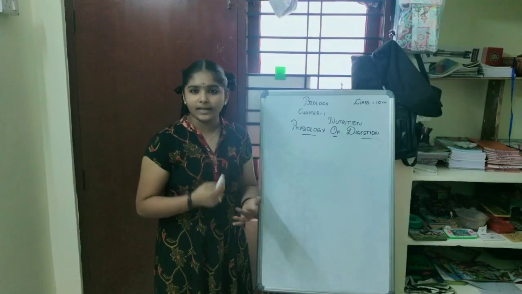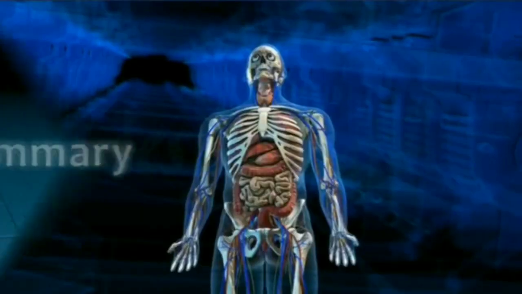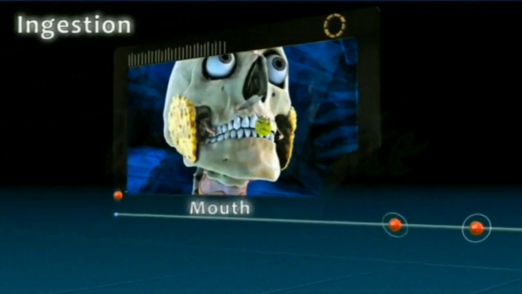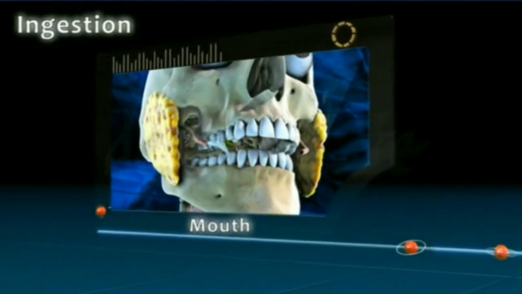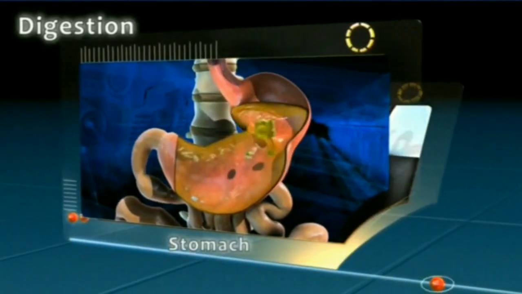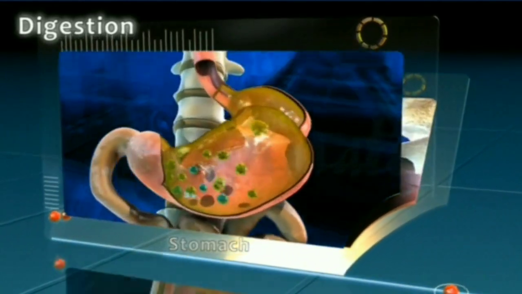I hope you all understood well. So, once again we recap the class. To summarize the topic, we see the complex food that is ingested is acted upon by enzymes in the stomach and broken into simpler food particles.